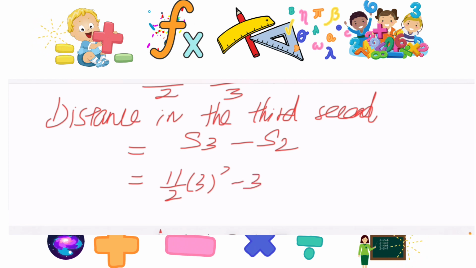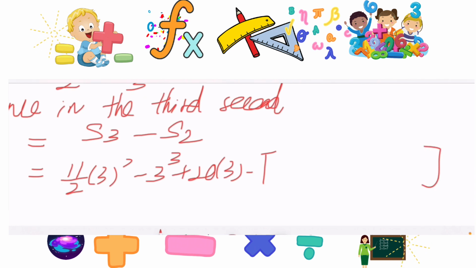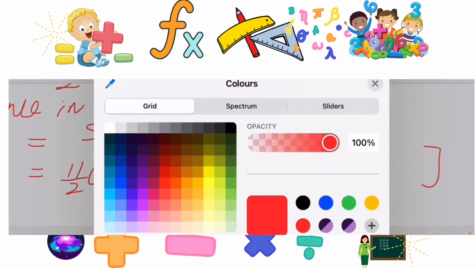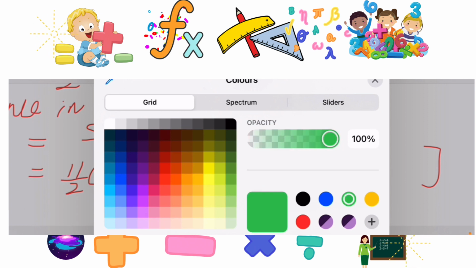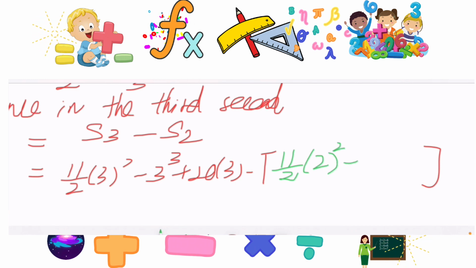So we have 11 over 2 times 3 squared minus 3 cubed plus 20 times 3, minus 11 over 2 times 2 squared, minus 2 cubed plus 20 times 2.